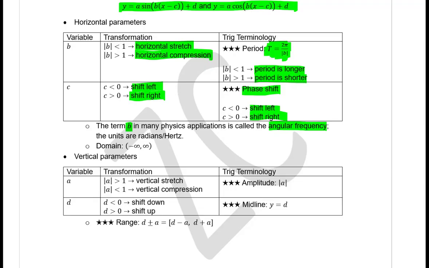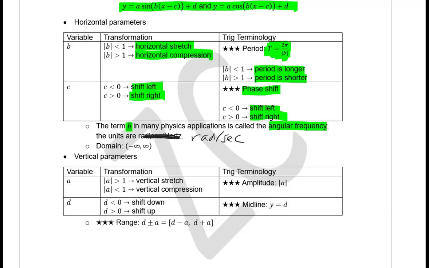So, this is not right. Actually, my bad. The units of B, not radians per hertz, is radians per second.